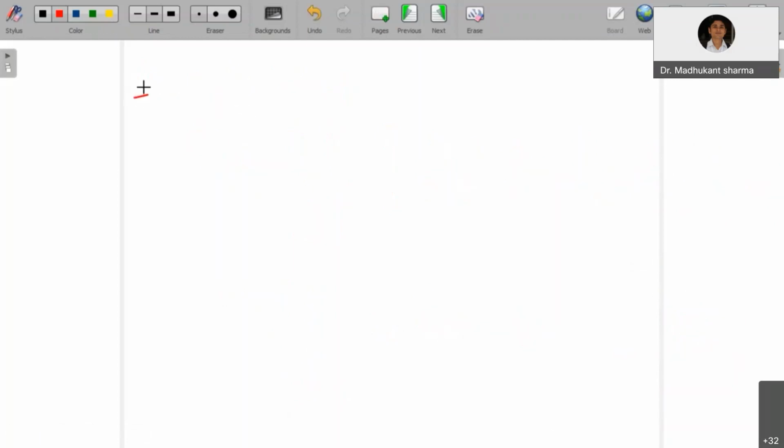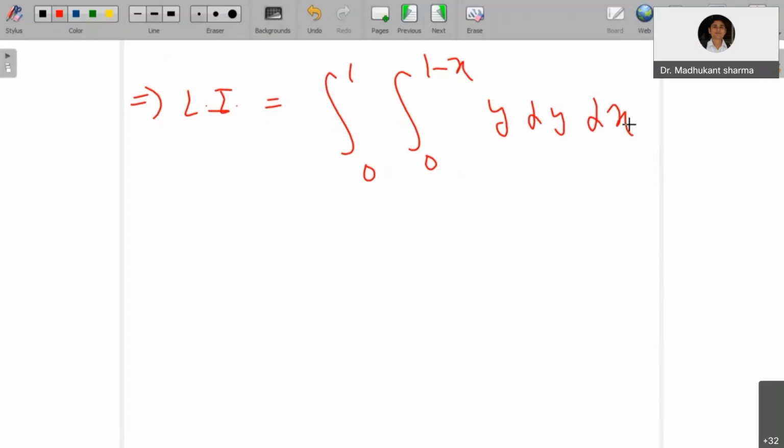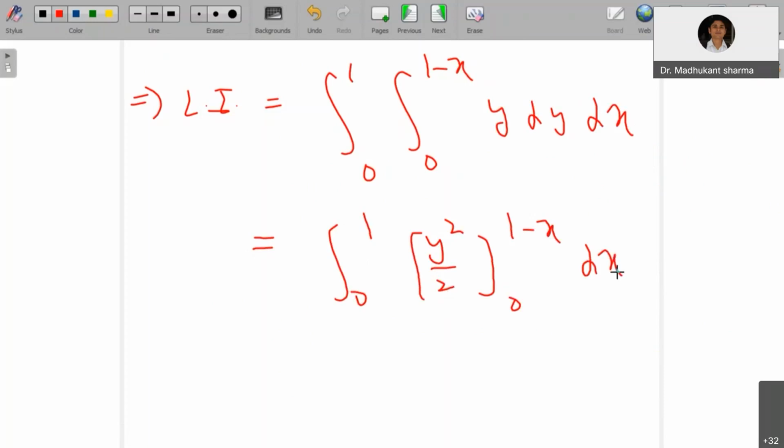So the line integral is equal to the integral for x from 0 to 1, y from 0 to 1 minus x, of y dy dx. Now this is equal to the integration from 0 to 1 of y square by 2, from 0 to 1 minus x, dx.